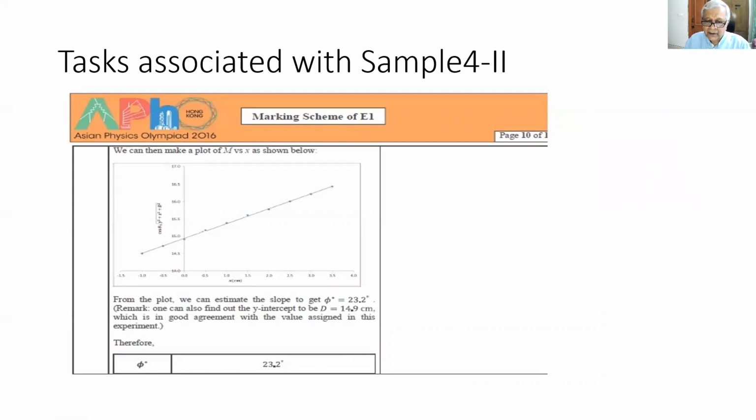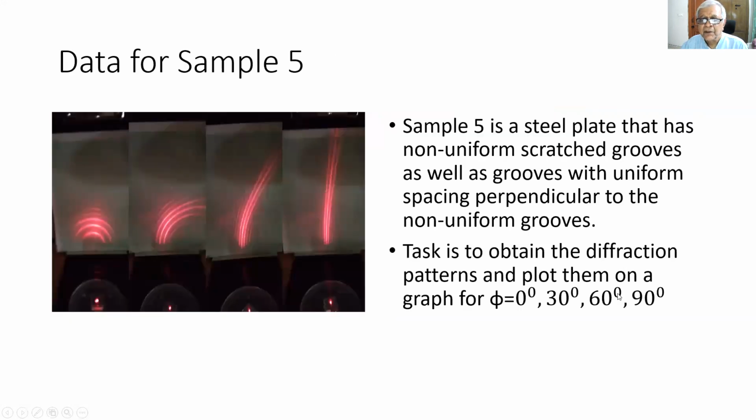When the gratings are at 90 degrees to the incident beam, right? But this is not going to coincide with the 90-degree mark of the circular scale, obviously not, because there's a tilt. The difference would exactly give you phi star, and therefore phi star is just 23.2 degrees as you get from there.